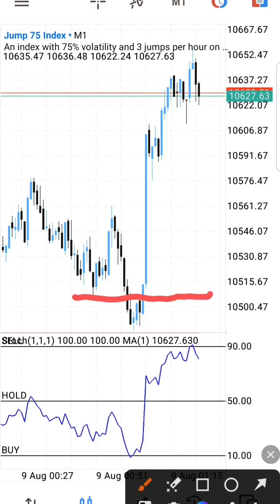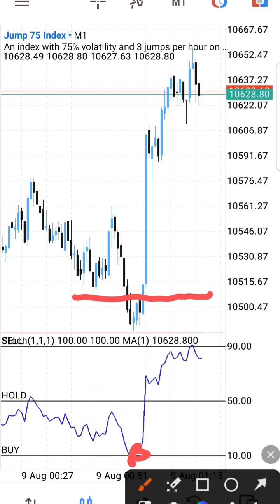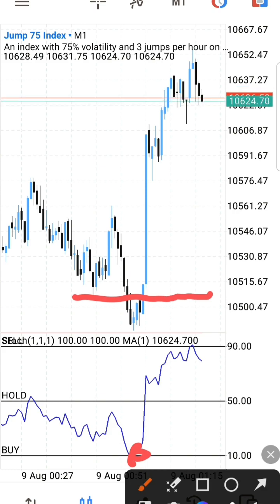So we wait for the 1-minute to close above, because we now see that the market is oversold. We have to take the buy. We start moving the reversal. Are you getting the point? Which means we have been in a downtrend, now the market will change. We start going up.